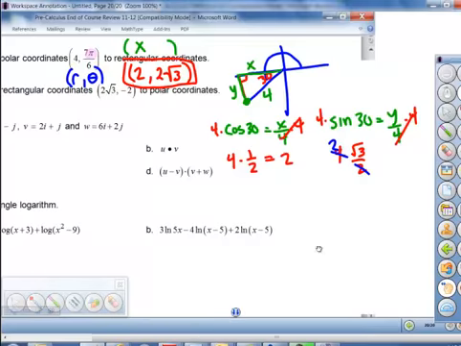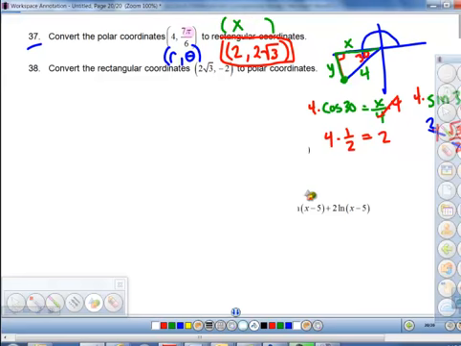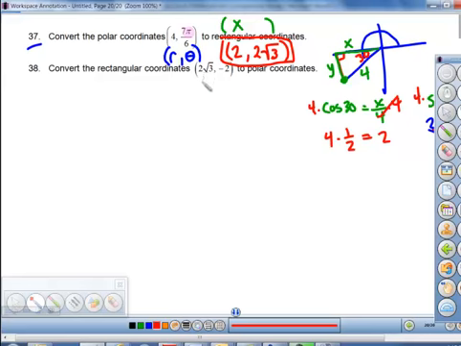All right, so the next thing: convert rectangular coordinates to polar. So it's giving me the x and the y. I need the r and the theta.